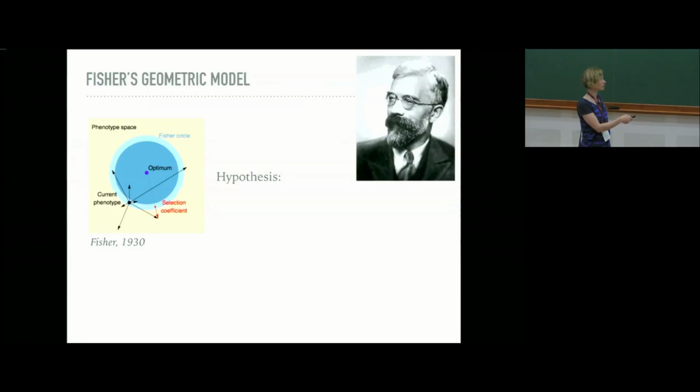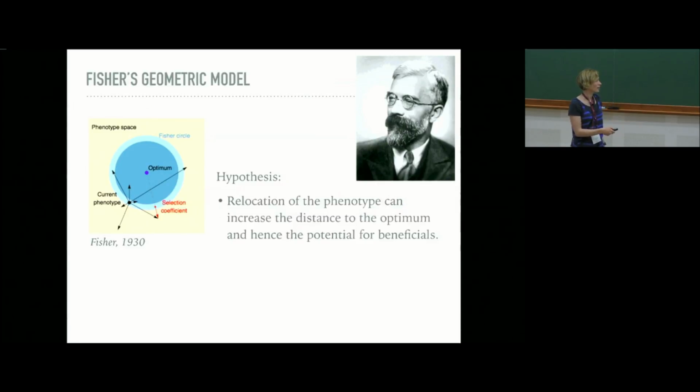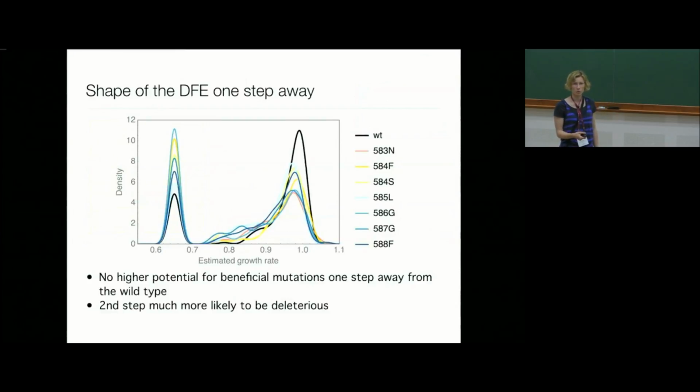What we're now doing by fixing an anchor mutation is actually changing the location of the population that we are basing this distribution of fitness effects on. The hypothesis arises that if we fix something that is deleterious, then we should get more beneficials coming up, because we would expect that we move away from the optimum, and so we should get more potential for beneficial mutations. We can test this by looking at the distributions of fitness effects.